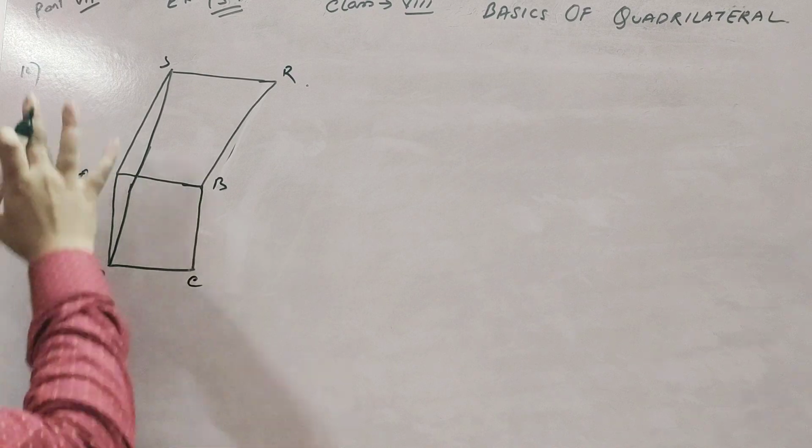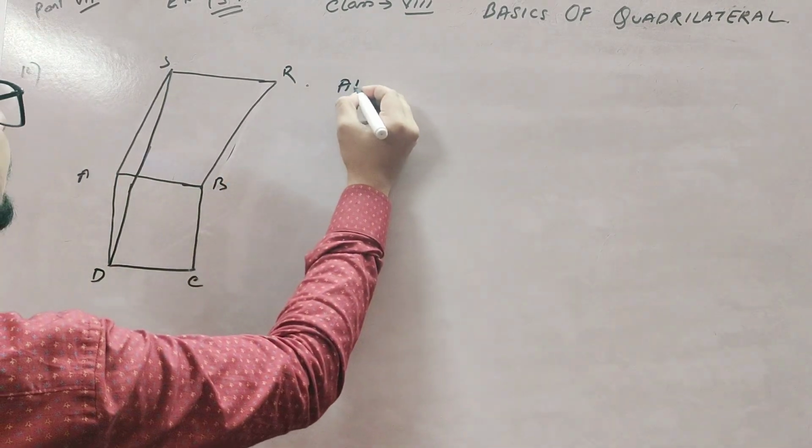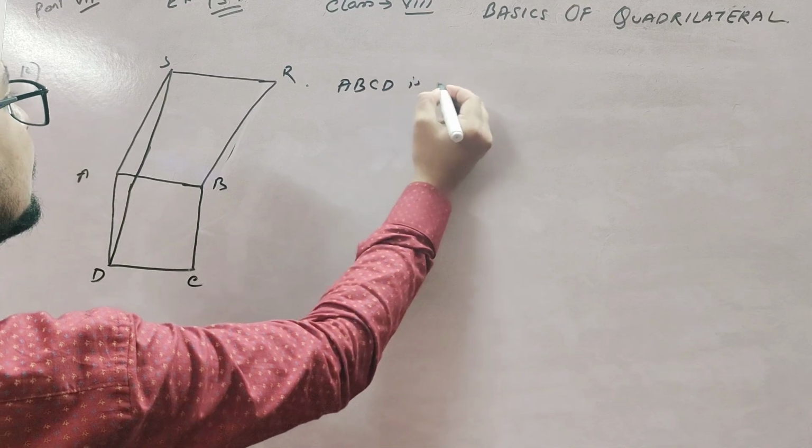Okay, in this given figure, ABCD is a square. ABCD is a square.